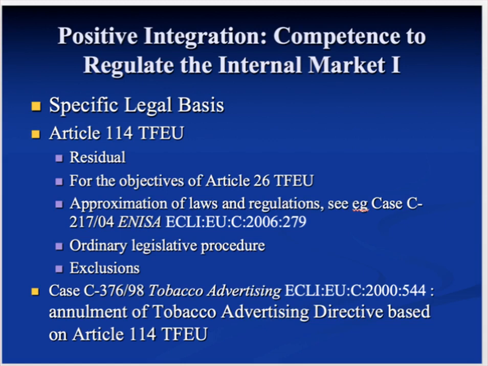You can read up about it in the textbooks. So, as I was saying when I was talking about the ENISA case, in general, Article 114 TFEU, especially as interpreted by the Court of Justice, gives the EU legislature a significant competence to create and sustain the internal market through adopting EU legislation. But it is not an unlimited competence, as the Tobacco Advertising Directive case shows us.